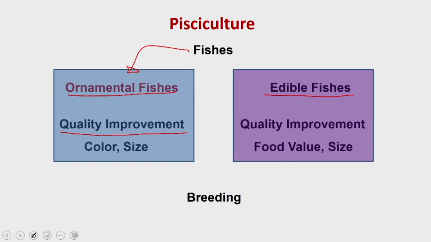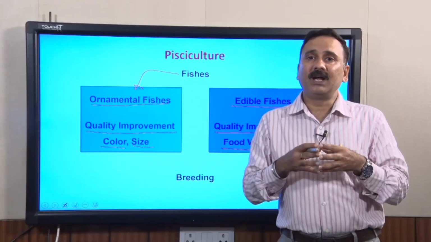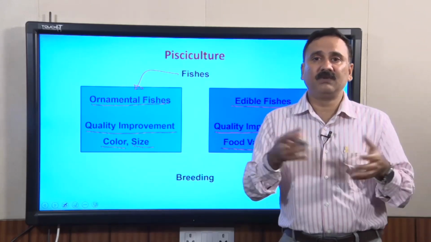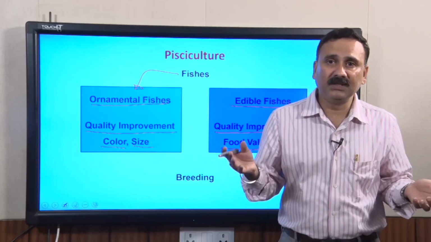For ornamental fishes, the quality improvement is in terms of color as well as size, whereas for edible fishes, it means you can increase the food value, the size, and the shelf life of that particular fish, or you can have fishes with a lower level of cholesterol or a high level of something else.